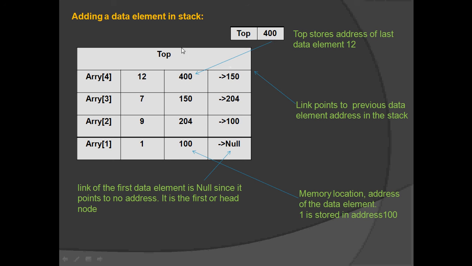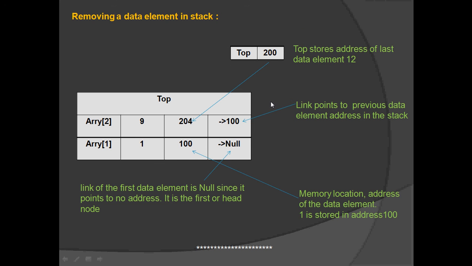Because right after the last data element, the next will be the top element, which will contain the address of the last or top array element. Why is it stored here? Because if you remove this, then top will store the address not of this, because this is removed, but of this one, which I'll explain in the next diagram.